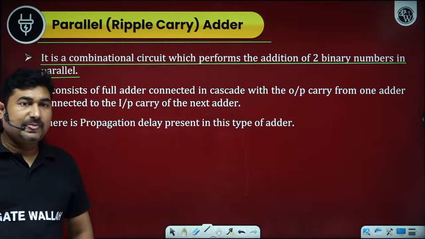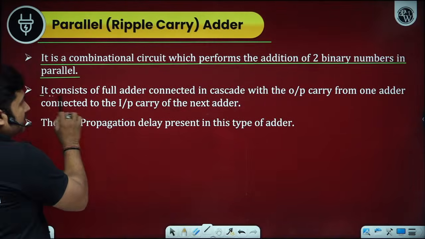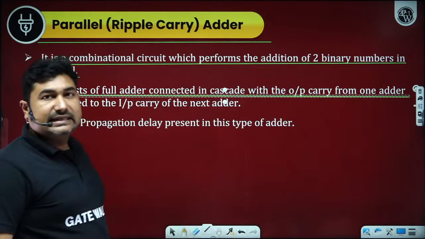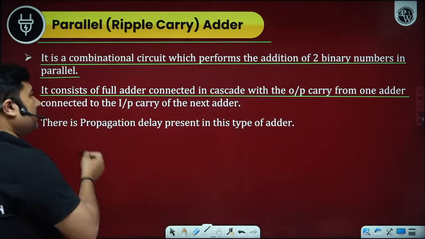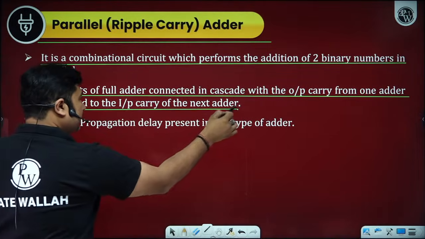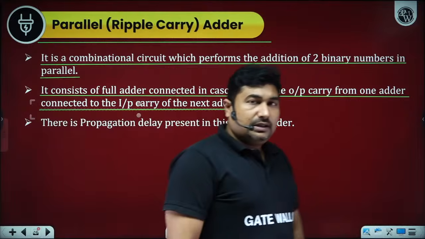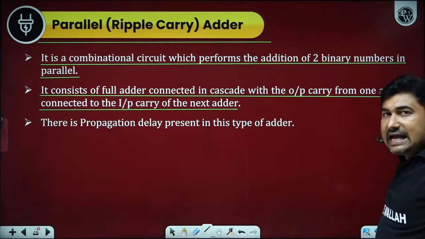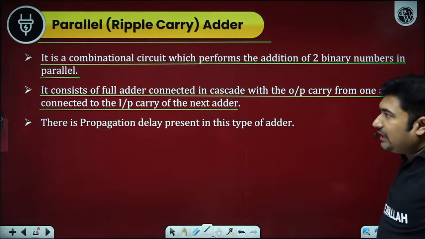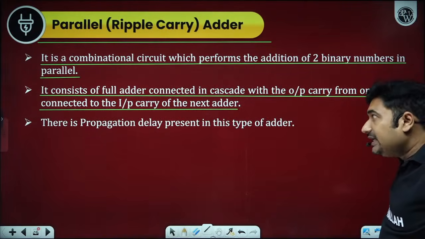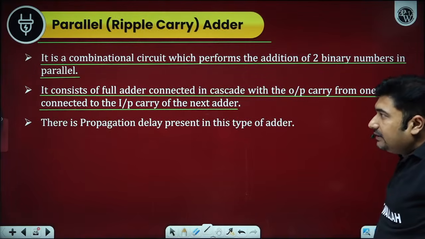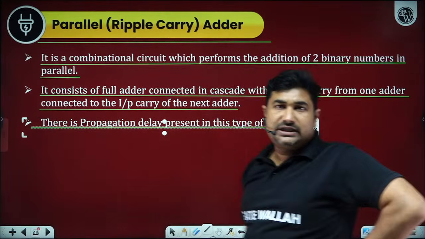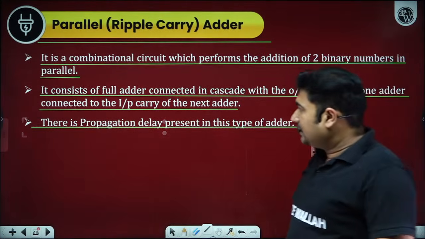It consists of full adders connected in cascade, with the output carry of one full adder connected to the input carry of the next full adder. There is a propagation delay present in this type of adder.